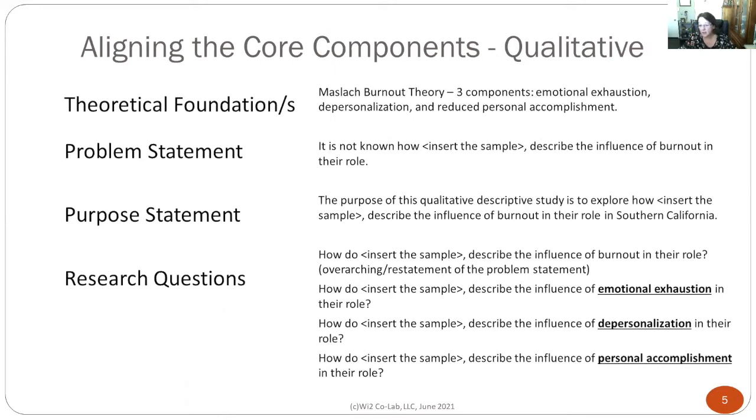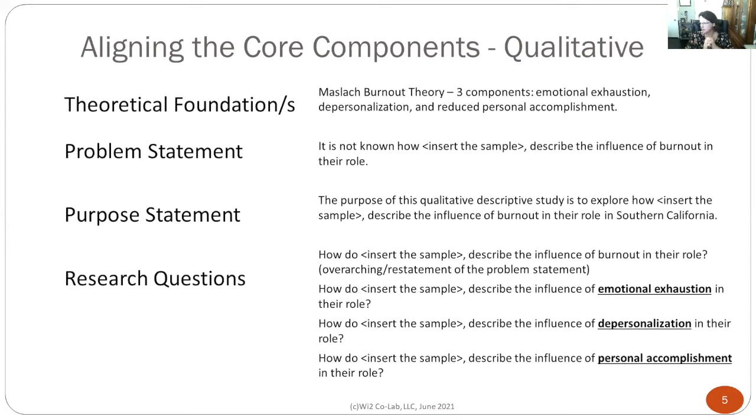And most of the time, as you're writing the other components, you're going to be able to say the significance of this study is that it's going to help the leaders define the areas of burnout and be able to address those as an organization. So you do.